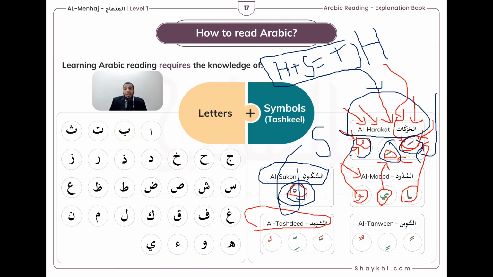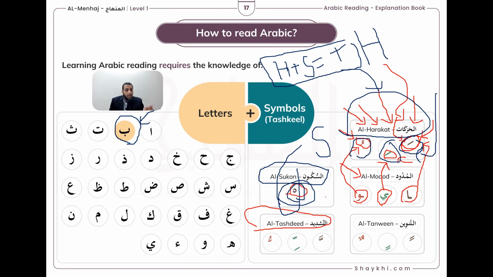So what do you think now if we took an example of each type of these 5 categories? Okay, so now we will choose letter B, and we will add these symbols to letter B to know how to pronounce it, because now we can't pronounce this letter, we just know its name.